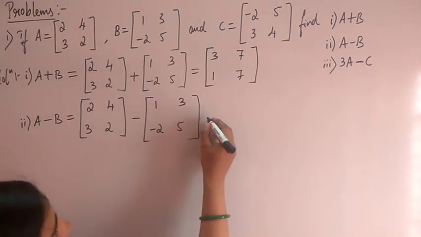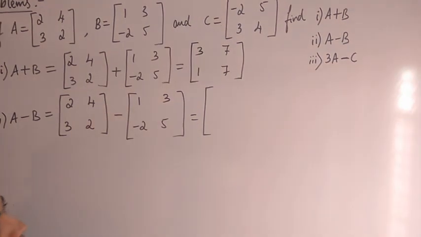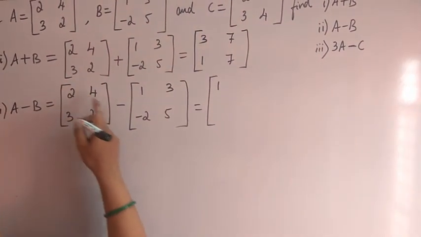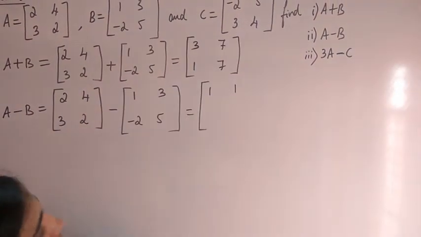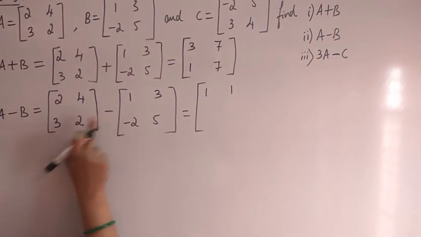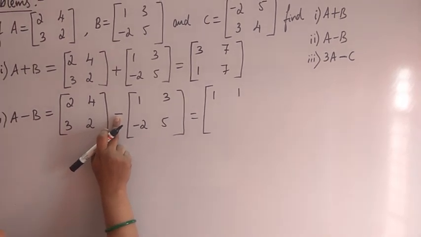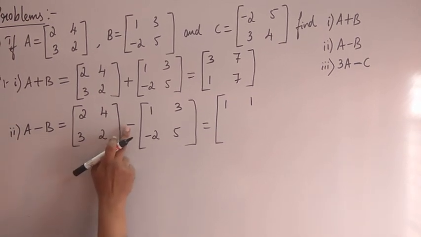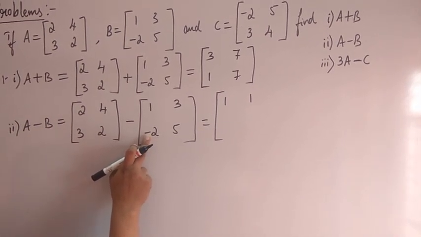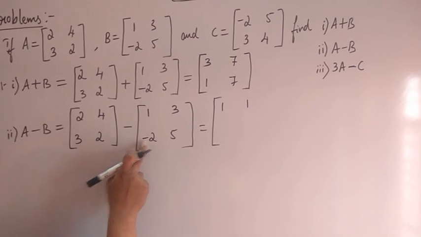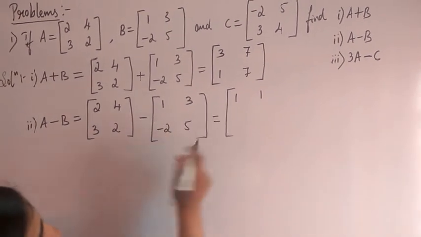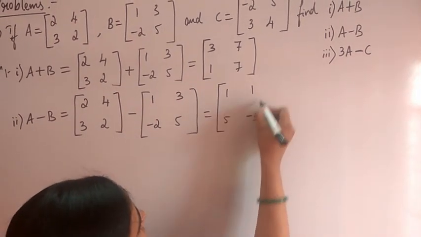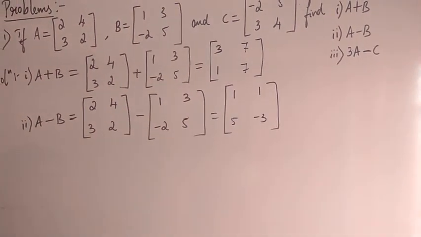See here the sign is minus, so we subtract their corresponding elements. 2 minus 1 is 1. 4 minus 3 is 1. 3 minus, but the next element is a minus element. 3 minus into minus becomes plus. Minus into minus is plus. Therefore 3 plus 2 is 5. 2 minus 5 is minus 3. So this is the subtraction.